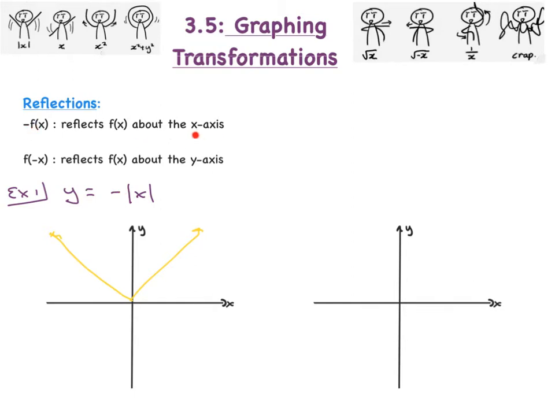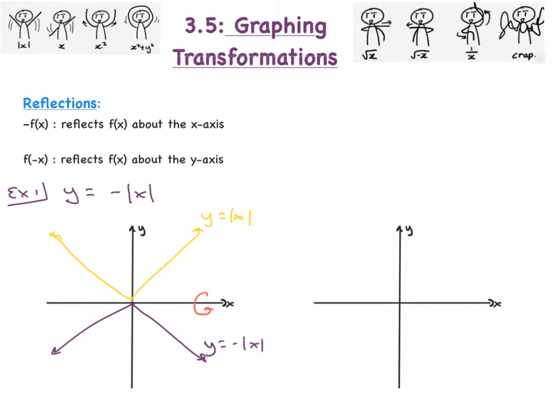So it's going to reflect about the x-axis. It's going to reflect on the other side of the x-axis. So in purple, we'll do the reflection about the x-axis. Cool. So the yellow one was just the absolute value of x, and the purple one is the one that we're looking for, negative absolute value of x.